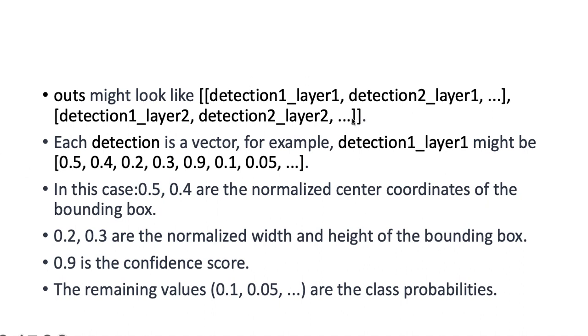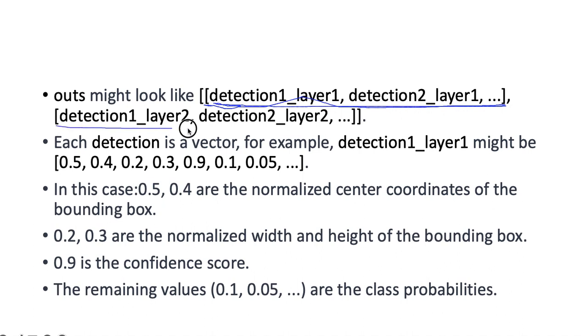So in our case there will be three components here. This is this bracket. I hope you are able to see it. Let me show you. This is the first component of this outs, which itself is an array containing the list of the objects detected by the first output layer.